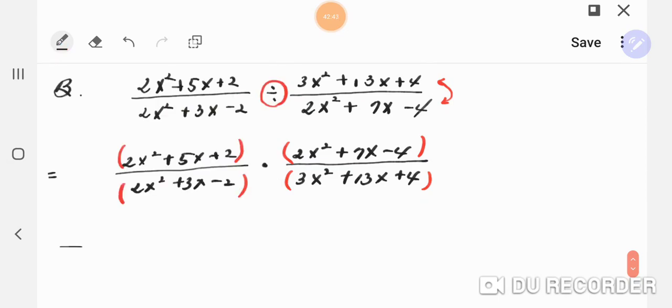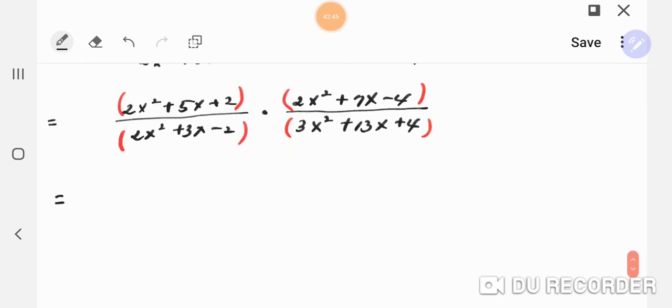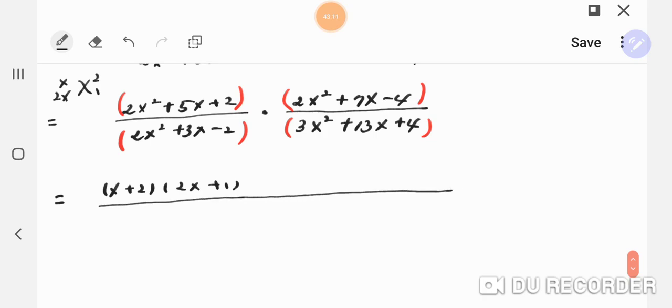So the first trinomial is x times 2x, and 2 is 2 times 1, then cross multiply is 4 plus 1 is 5. So the first part is x plus 2 times 2x plus 1 over, so let me put a longer fraction bar so that we can multiply the second part. How about this one?